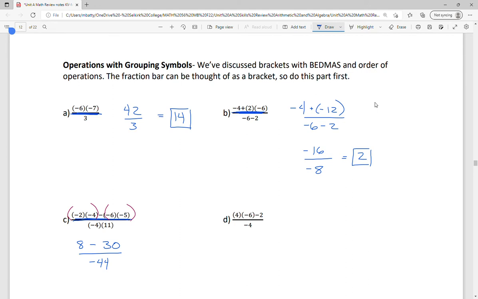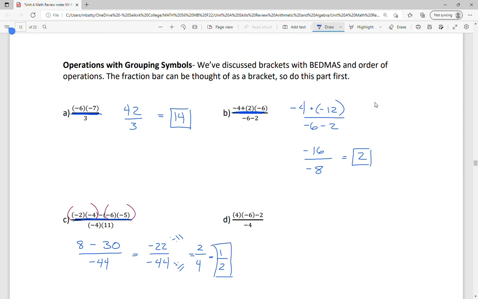On the top now, I'd have 8 minus 30 is negative 22 all over negative 44. I'd simplify that. I have a negative divided by a negative, or I divide them both by 11. And I'd get an answer of, whoops, I could have divided them both by, okay, I'll get it, 2 over 4, and I could go further on that one, which I didn't see coming, to a positive 1/2.